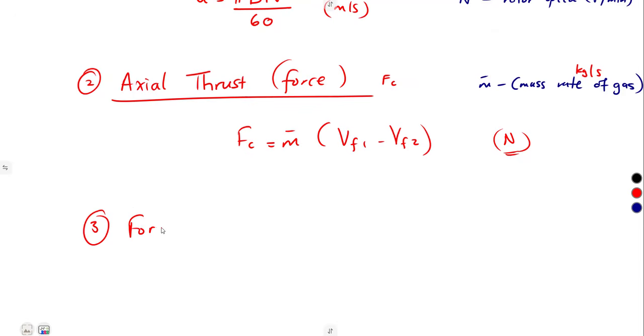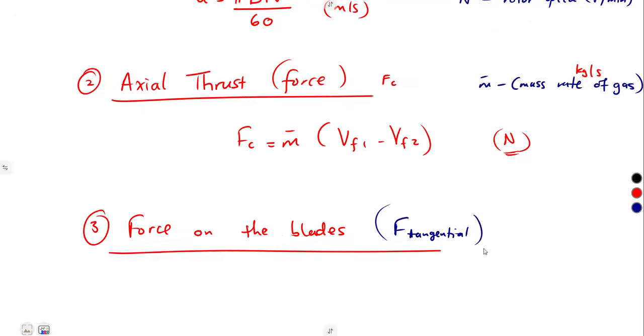And another part is going to be force on the blades. Whenever we consider force on the blades, that's our tangential force, which is F tangential. All right.